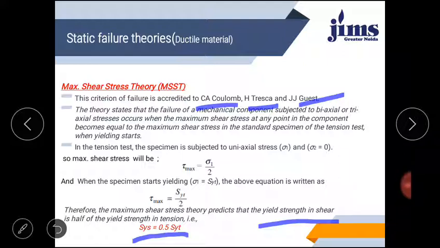So with the help of this theory we can have a relationship between the shear strength of the material and the yield strength in tension, that is, SYS, the yield strength in shear, is equal to half of the yield strength in tension.